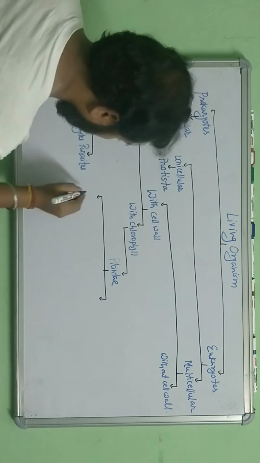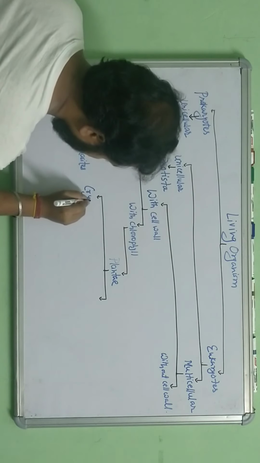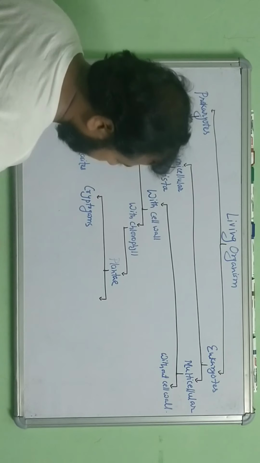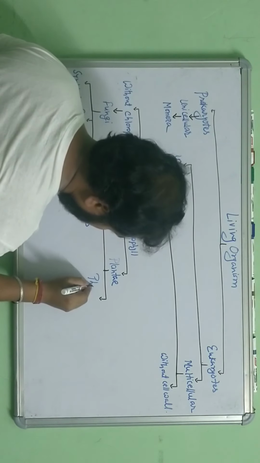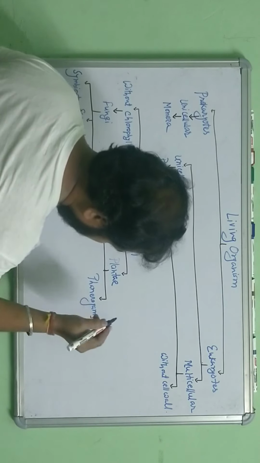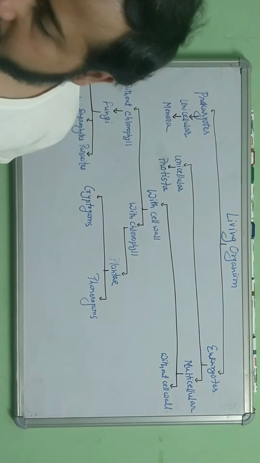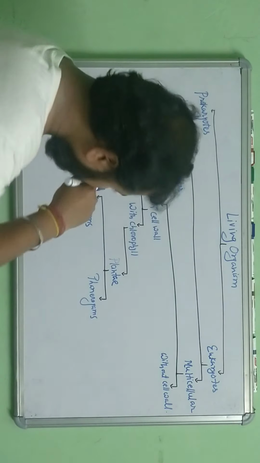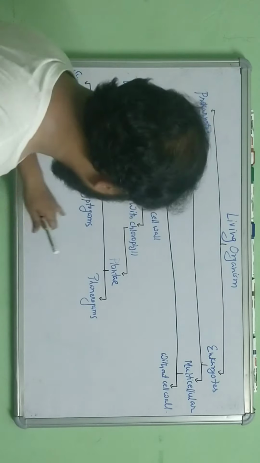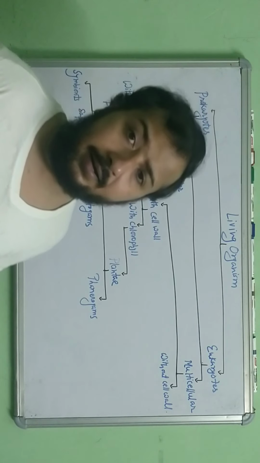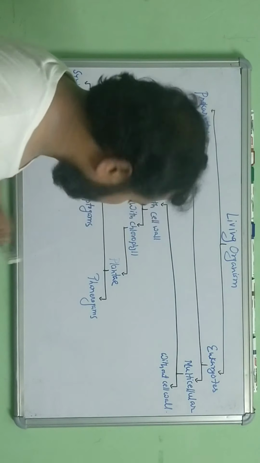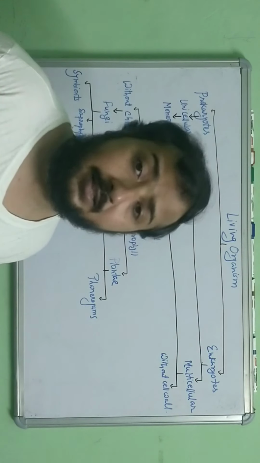There are cryptogams and phanerogams. I hope you have heard about these terms. Now, what is the meaning of cryptogams? In a simple way, cryptogams are plants which are seedless. They don't have seed.